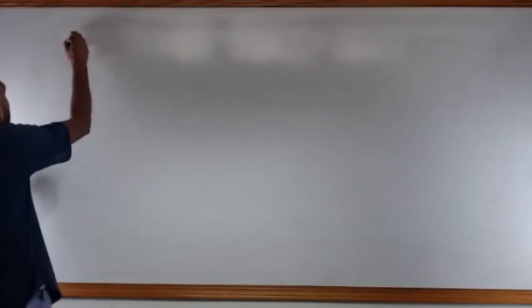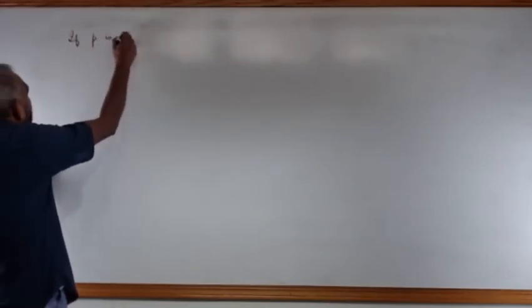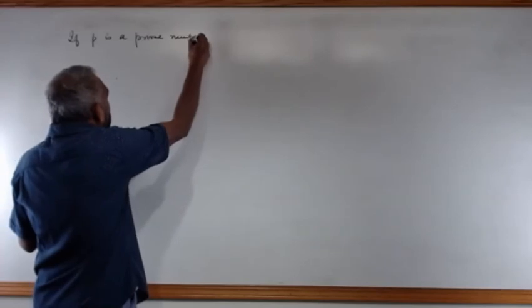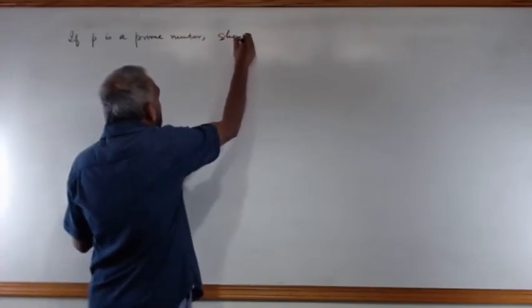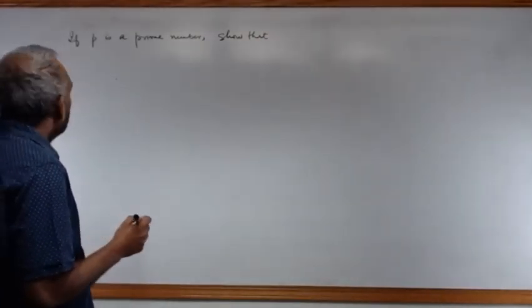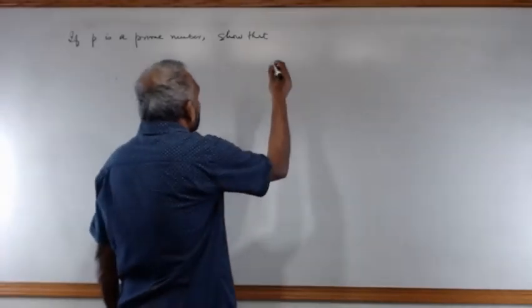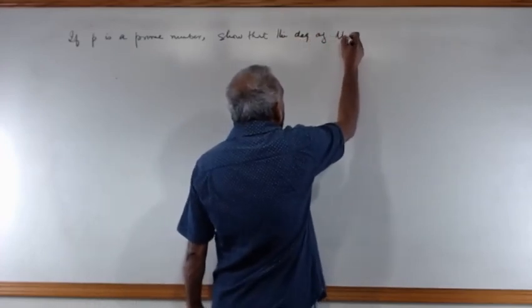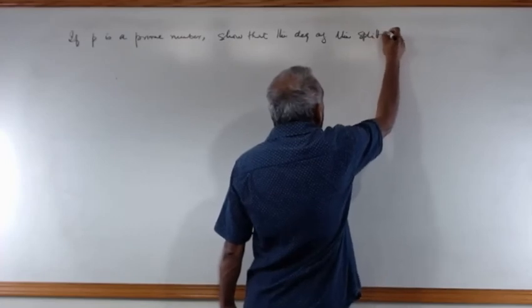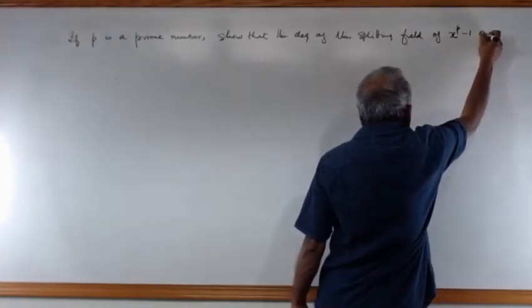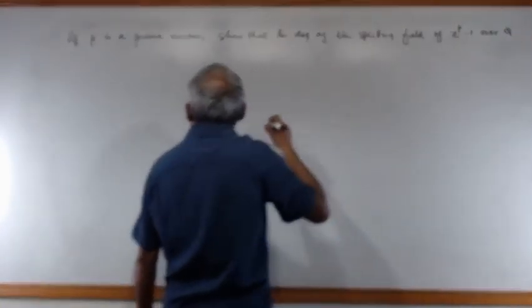That is, if p is a prime number, show that the degree of the splitting field of x to the power of p minus 1 over Q is p minus 1.